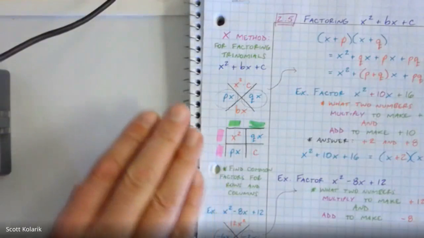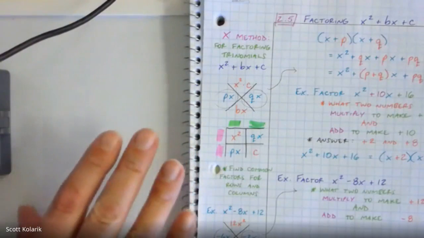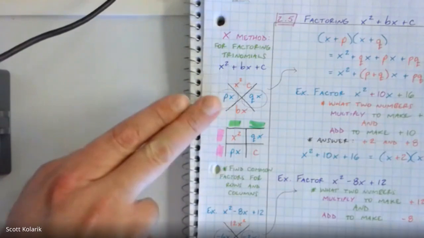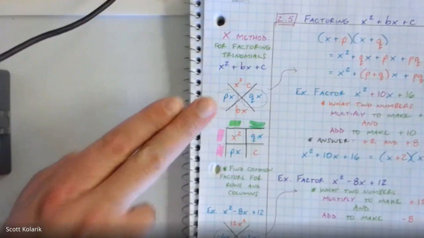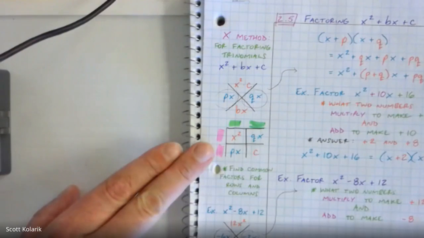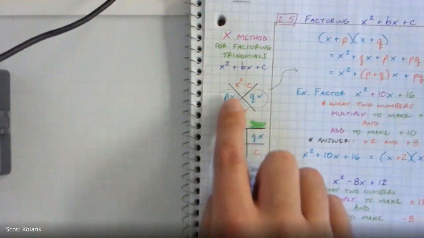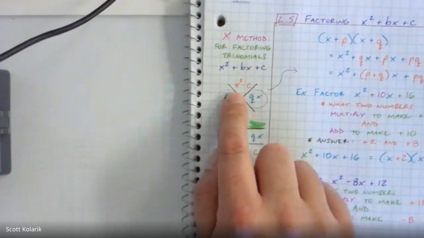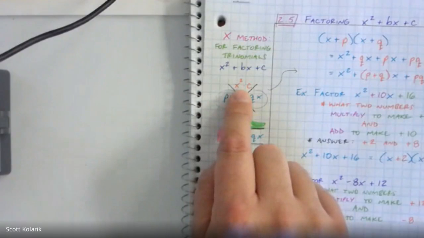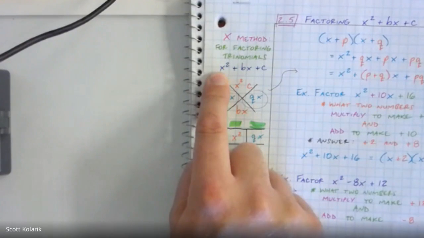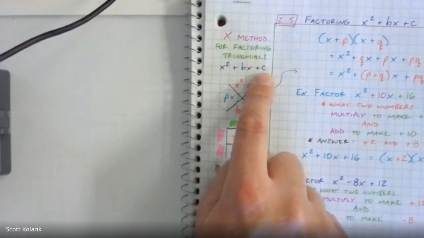But what I want to break down here is just the structure. There's going to be an X method, and the X does nothing mathematically. It's just an organizational structure, just like the table. It doesn't do anything mathematically beyond organizing things. When I start with my X, I'm going to fill in the top of my X with whatever my first term is multiplied by whatever my last term is.